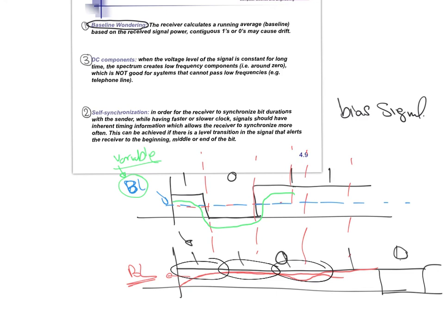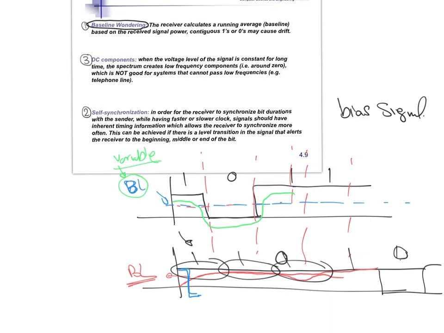But if I change, like for example in Manchester encoding, if I change the voltage level for the same bit, then the receiver would know that there is a change here, and I know that this change happens in the middle of the bit.